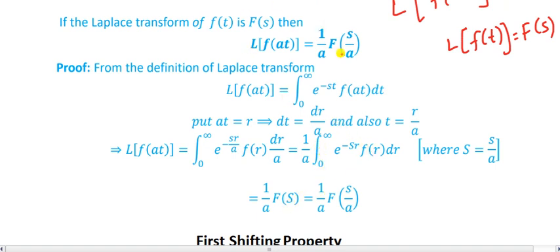Here if we look carefully, we have replaced small s by a, by the capital S, so we get e to the power minus sr f of r dr. And if we look at this formula, it exactly coincides with the Laplace transform formula, so we get 1 divided by a, and this one is 0 to infinity e to the power minus sr f of r dr, meaning f of s. This is the Laplace transform.